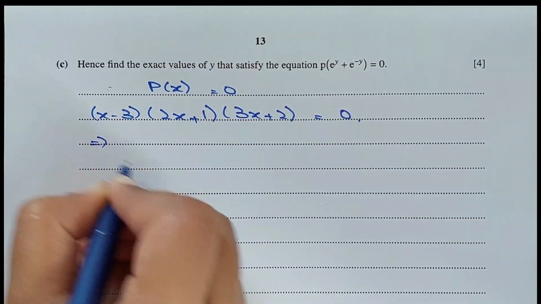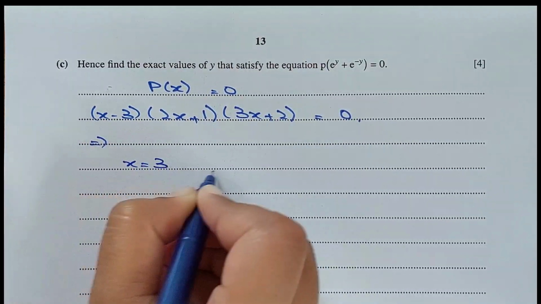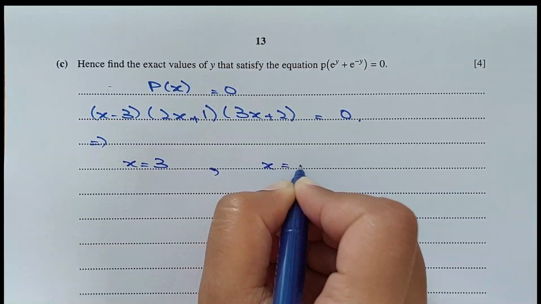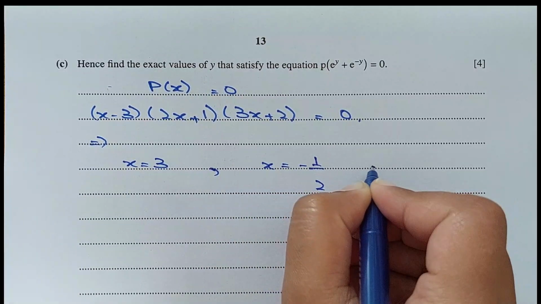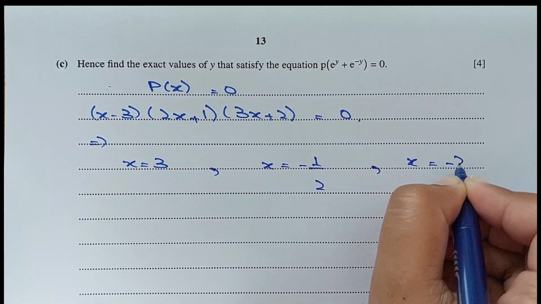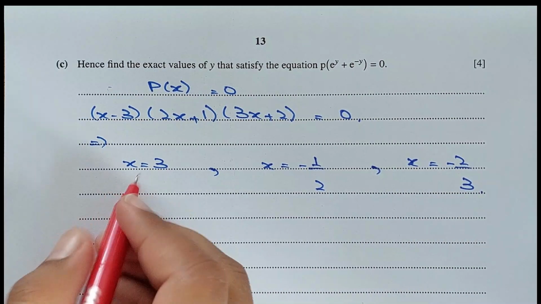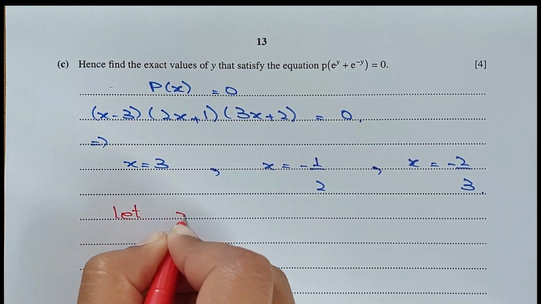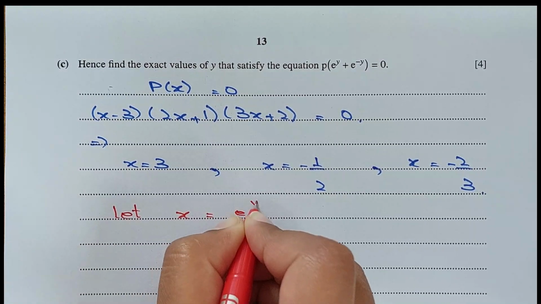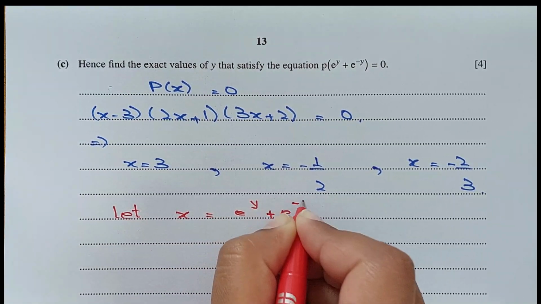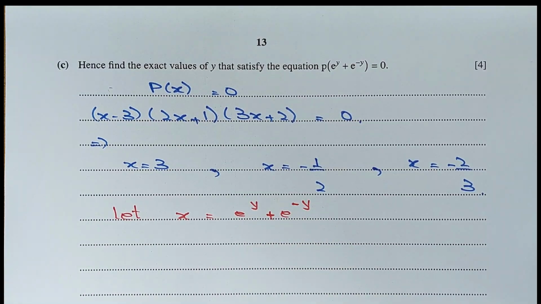So from here we can say x equals to 3, x equals to minus 1 by 2, or x equals to minus 2 by 3, right? Now we have to replace x with, let x is equals to e power y plus e power minus y, right? And we have to solve for y's.